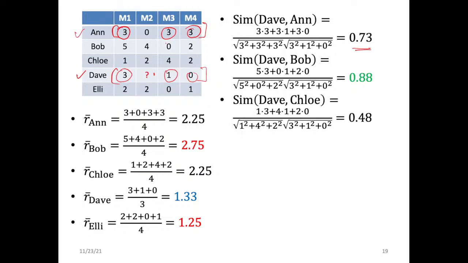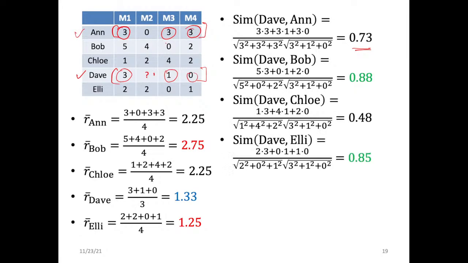Likewise, I can compute the cosine similarity between Bob and Dave, Chloe and Dave, and Ellie and Dave. It turns out that Bob and Ellie are similar to Dave.